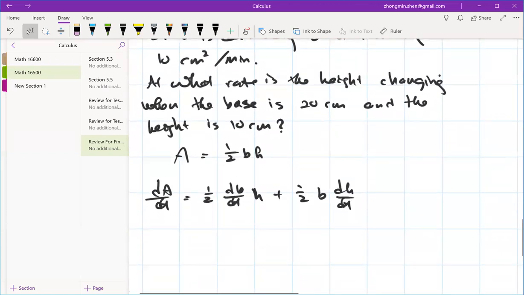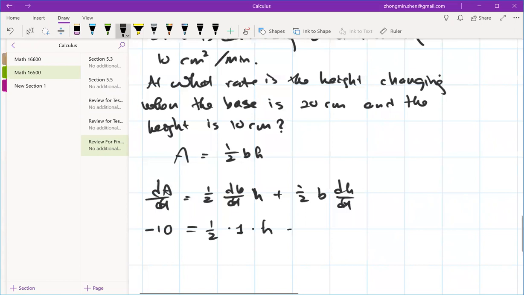So we know the base is increasing at 1, and we are given the following. The area is decreasing at 10 square centimeters per minute. The base is increasing at the rate of 1 centimeter per minute.